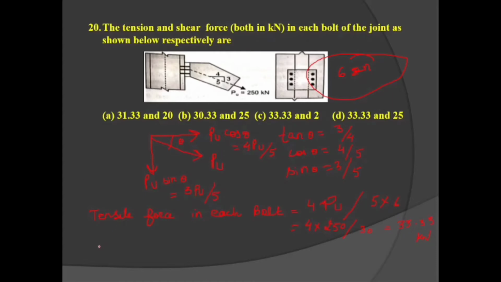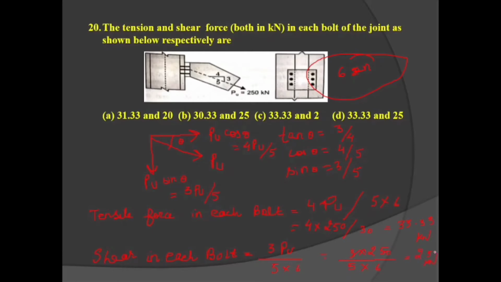Now initially we have to calculate the shear force in each bolt. Shear in each bolt is equal to 3 Pu divided by 5 into 6, so 3 into 250 divided by 5 into 6, that is equal to 25 kilonewton.